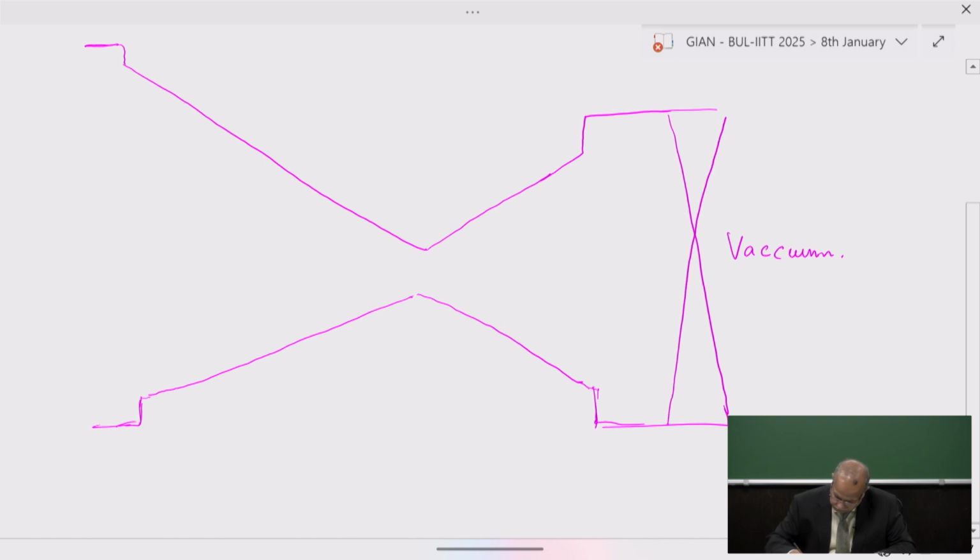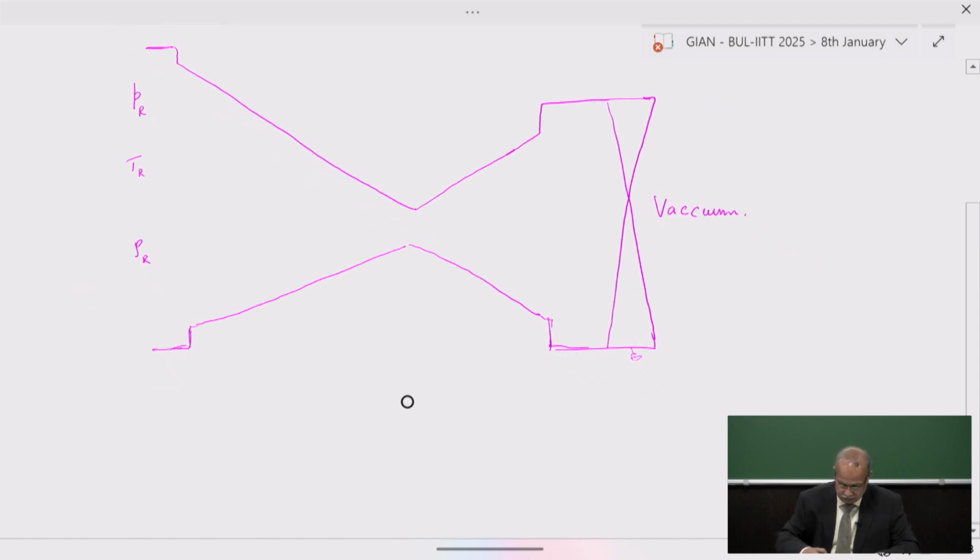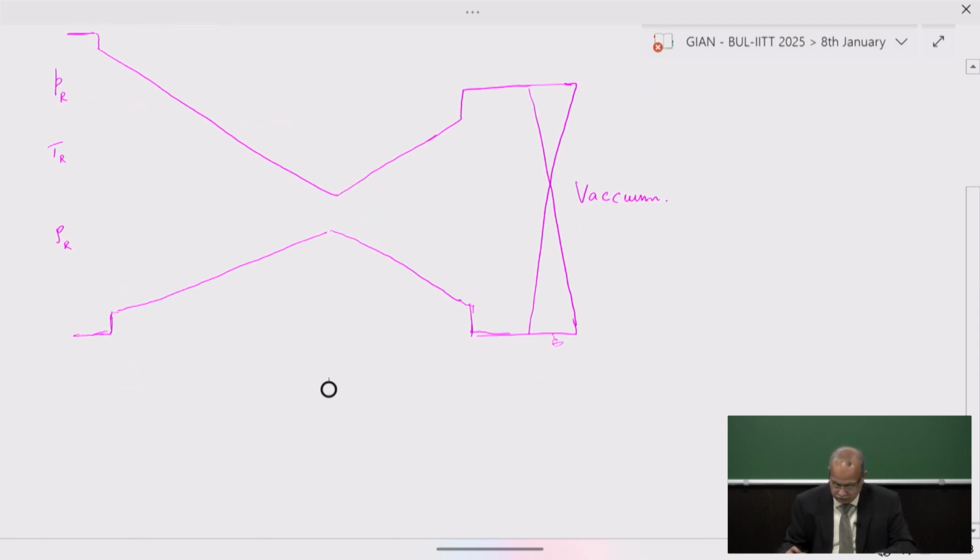This valve we can control, we can vary the position of the valve, and the upstream side is connected to the reservoir, so there's a pressure in the reservoir, temperature in the reservoir, and density in the reservoir. So this is an experimental setup here.